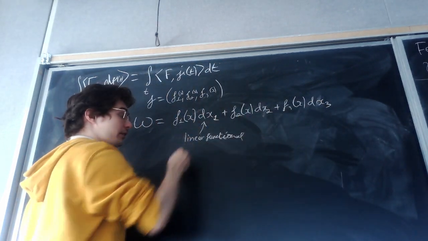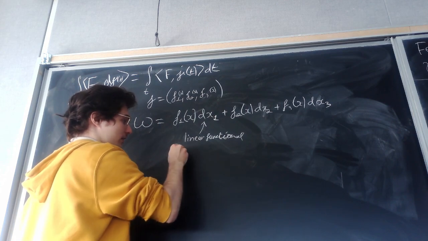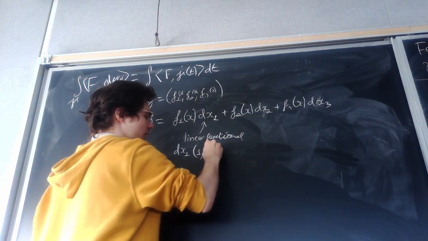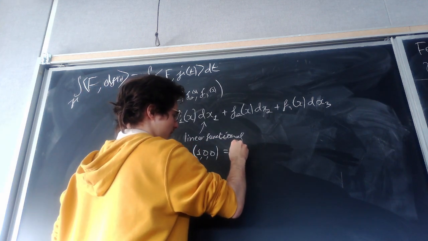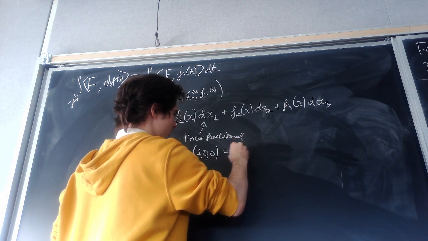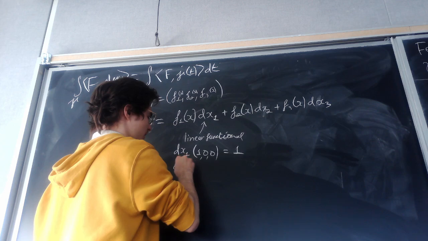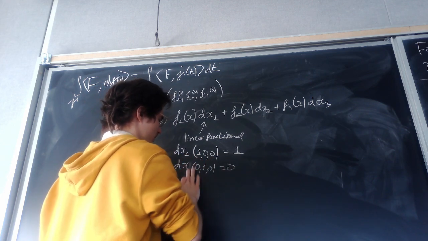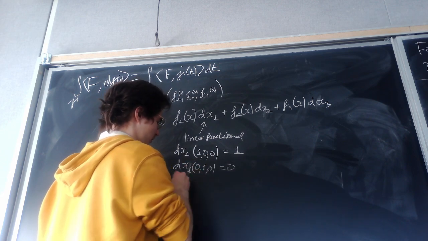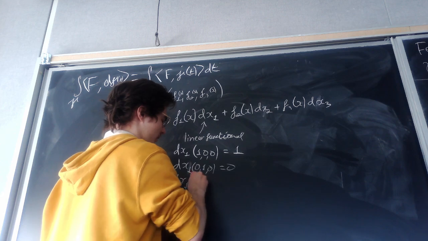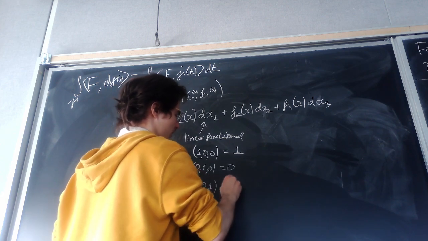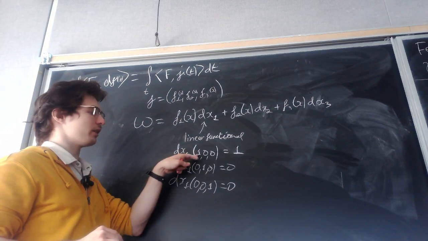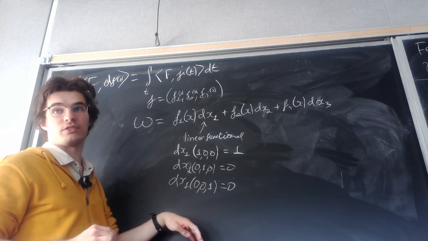This is just a linear functional that sends (1, 0, 0) to 1, dx1 of (0, 1, 0) gives me 0, dx1 of (0, 0, 1) gives me 0. So I just define dx1 to be the linear functional that sends e1 to 1 and all the other basis vectors to 0.